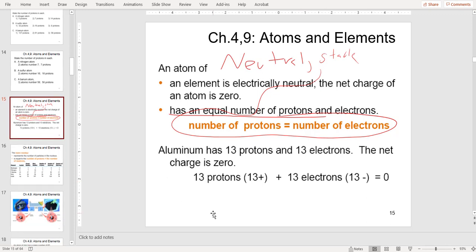Hence, aluminum has an atomic number of 13. So 13 protons, 13 electrons. Overall, it equals 0. Net charge is 0, so it's stable.